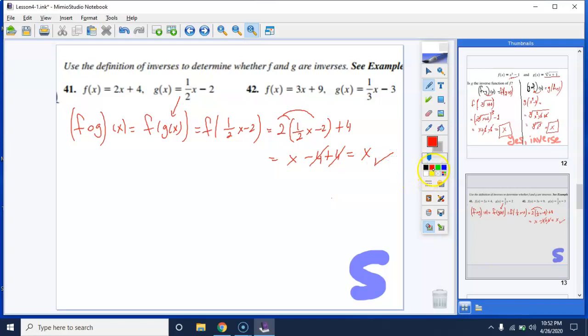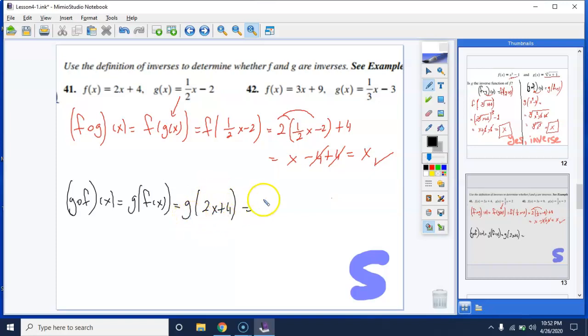So we are good. Secondly, let's try the other version, g of f of x. So f(x) was 2x plus 4. g of 2x plus 4: I'm going to take this and go to the g function. 1/2 times (2x plus 4) minus 2.